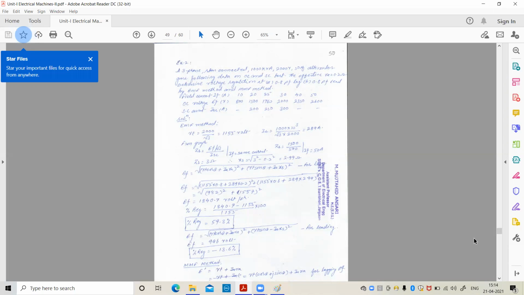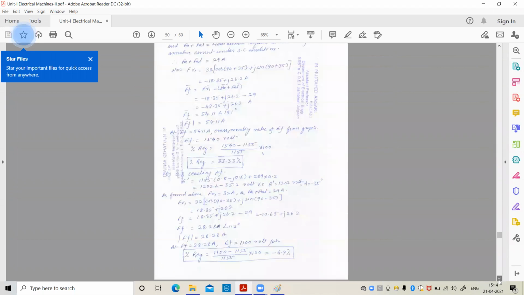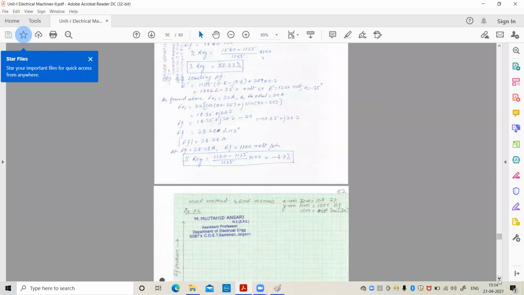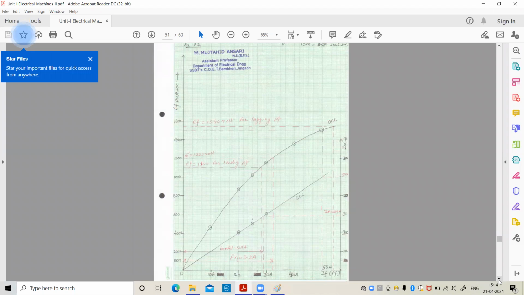But we found that if you calculate the synchronous impedance at the linear part, the value of synchronous impedance is higher than the actual value. So it is better to calculate the synchronous impedance at a higher value of current, isn't it?